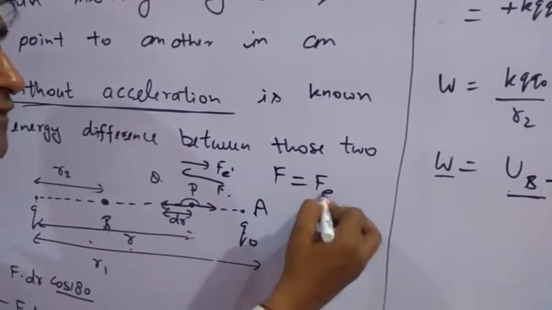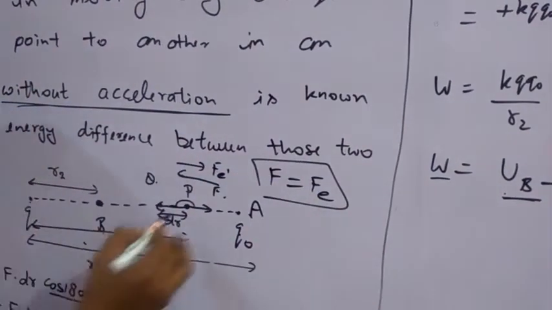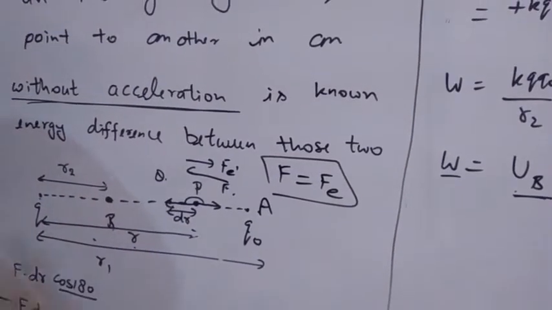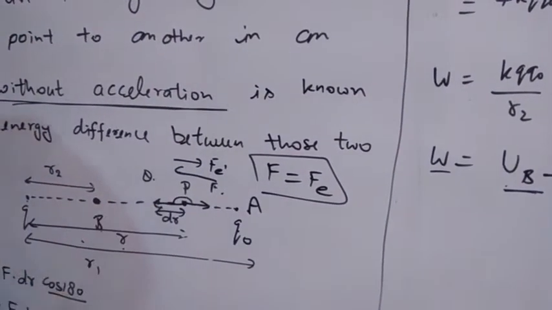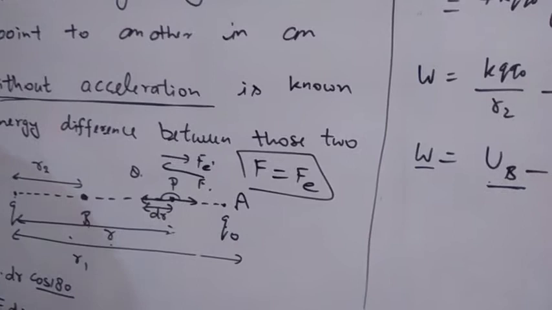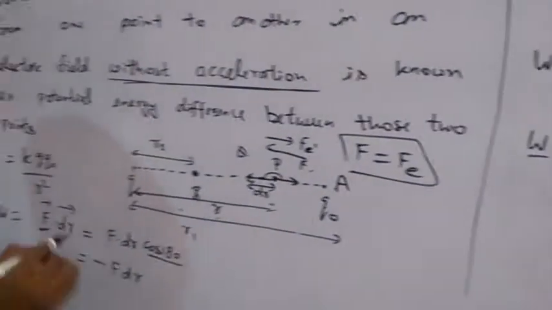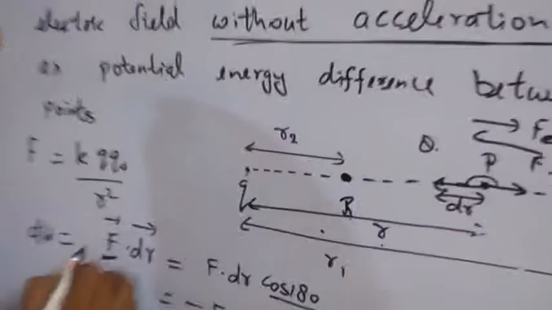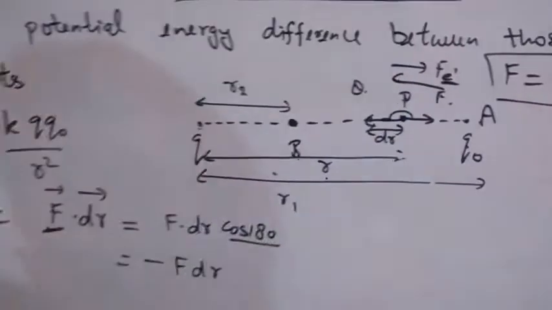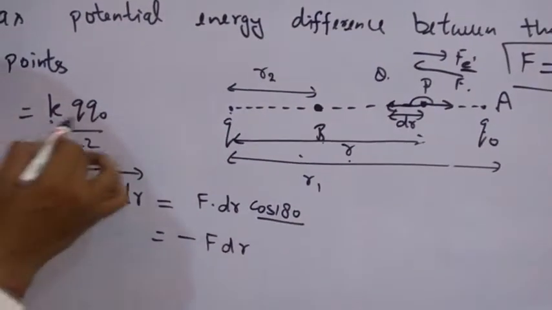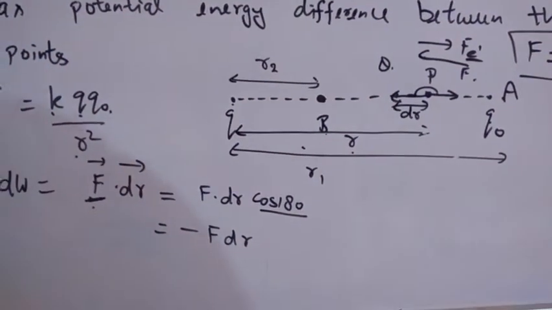F should be equal to this Fe, so that net force on this charge becomes 0 and net acceleration on this charge also becomes 0. Then while dealing with the formula of force, we take this force, that is F electric. That's why I have taken the formula K Q naught by R square.